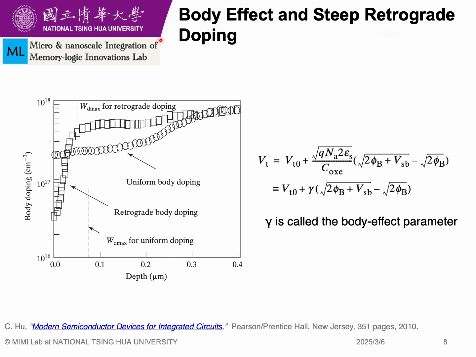Now as the source to bulk voltage increases, the depletion layer does not change significantly. So therefore the depletion region capacitance and alpha are basically constant.